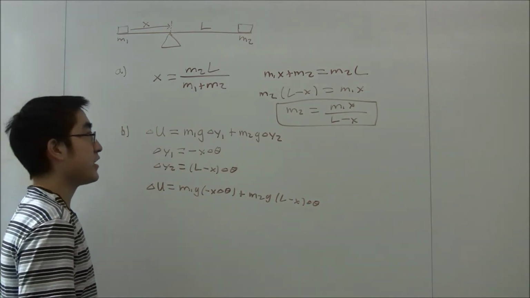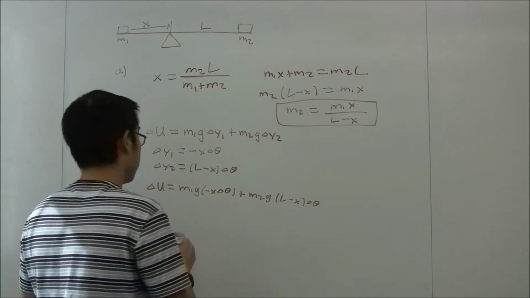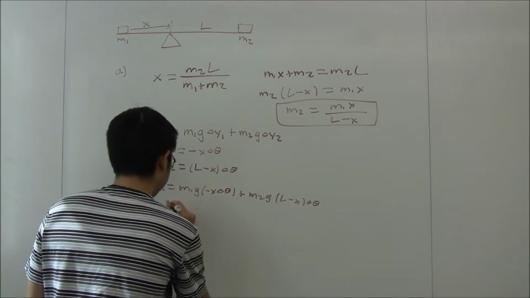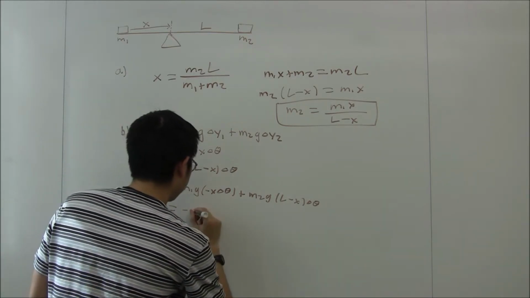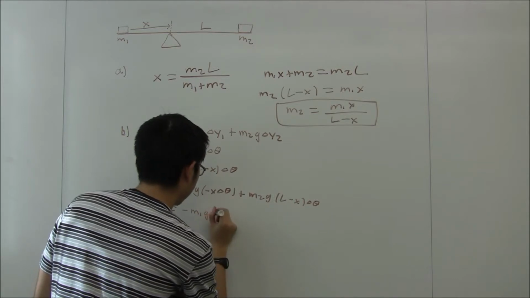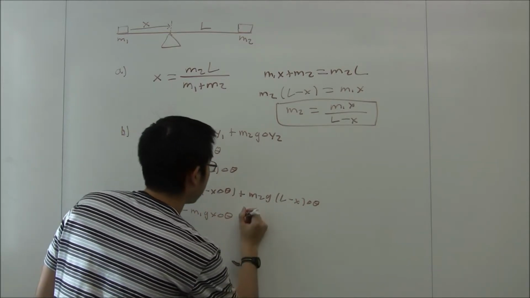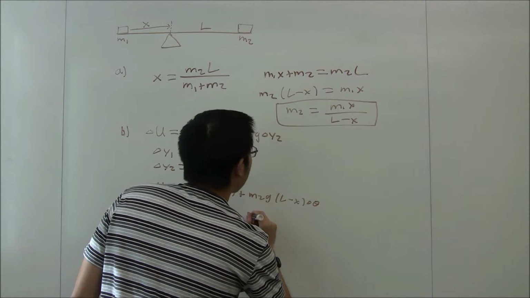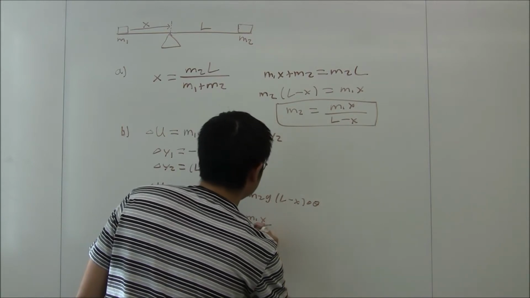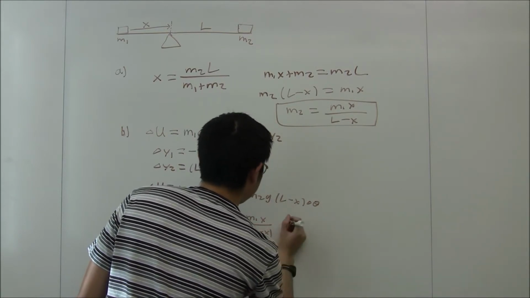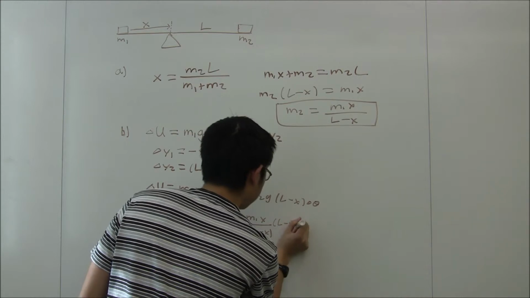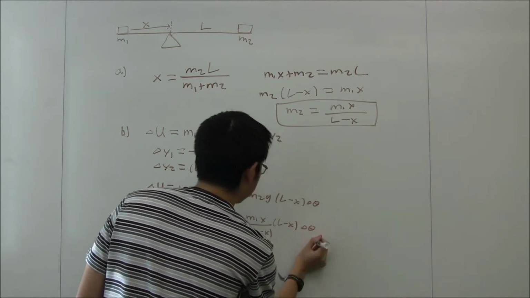Now we can plug in our value for m2 from part A, which would give us negative m1 g x delta theta plus m1 times x over (L minus x) times g times (L minus x) delta theta.